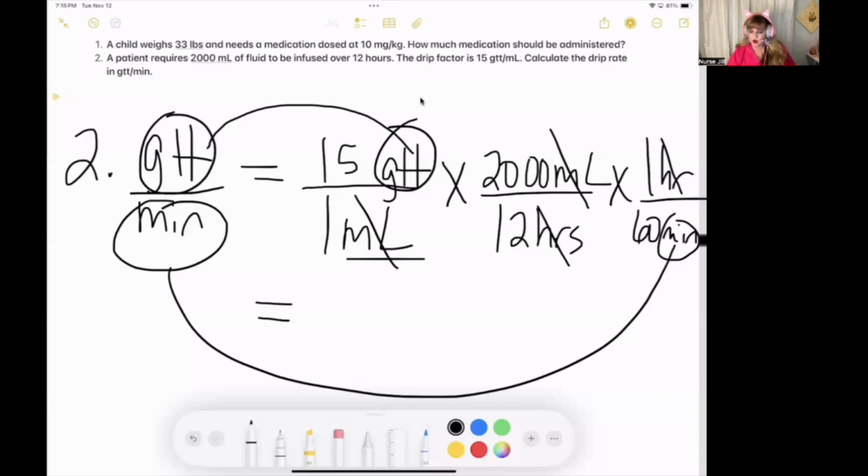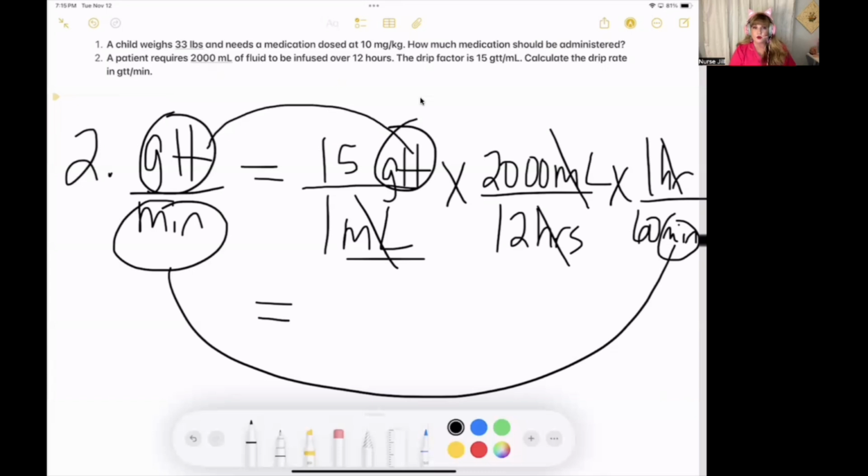I also recommend clearing out your calculator 2 or 3 times, especially if you're on an exam, because even basic calculators can have memory and we can get numbers stuck in there that we don't know are in there. And the last thing I want you to do is to make a mistake on dosage calculation. After we plug that in, we get 41 point lots of sixes.